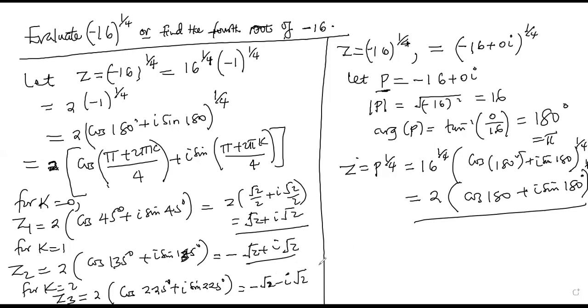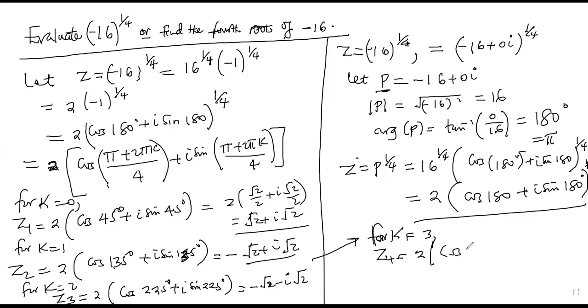Then finally, for k equal to 3, that is when we get z4. It will be 2 into cos, and wherever there is k, now you are going to put 3. So this is 6 pi plus pi, that is 7 pi over 4.